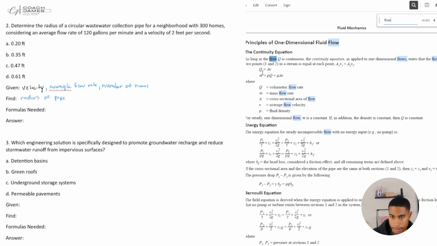It's Q equals A times V, all right? This is a very popular formula. So they give us flow, which is 120 gallons per minute.